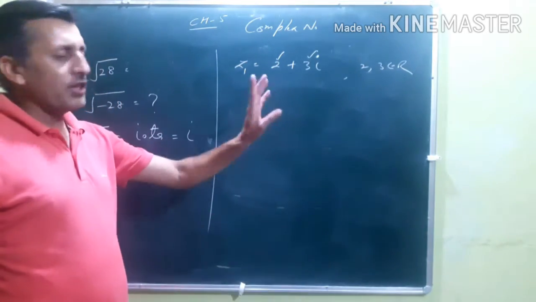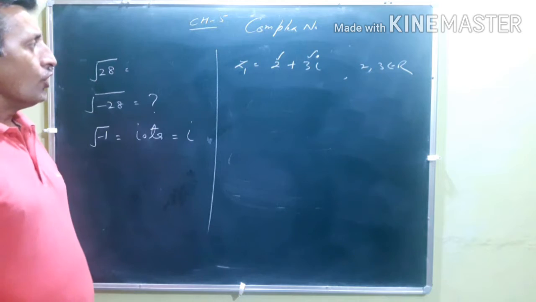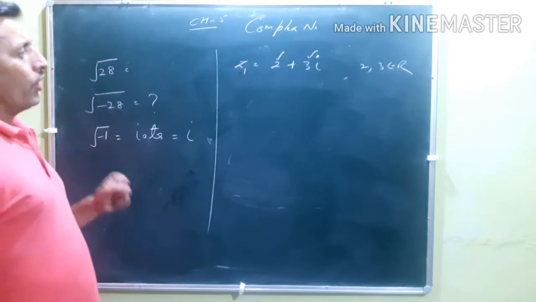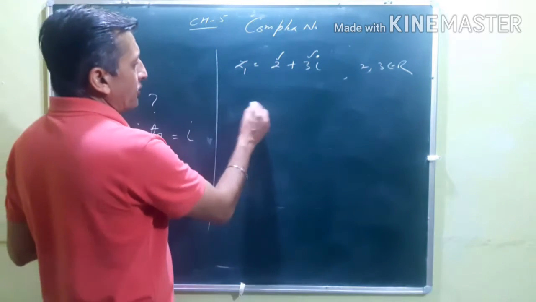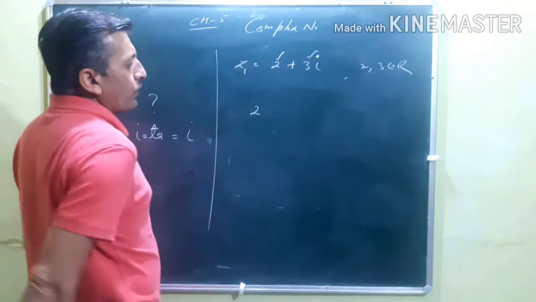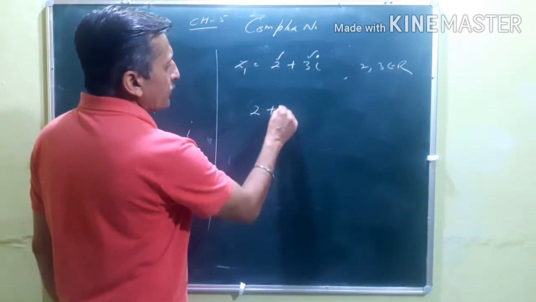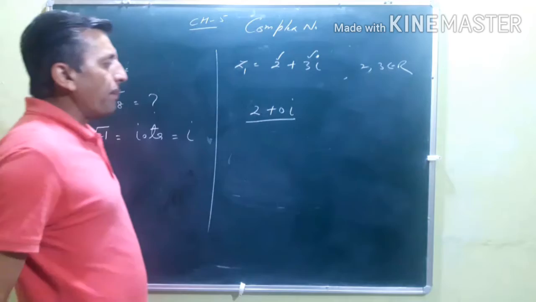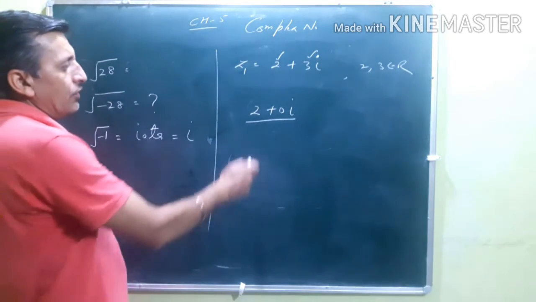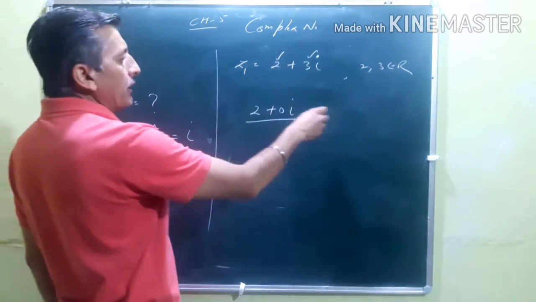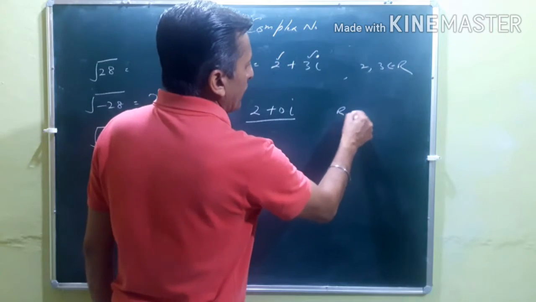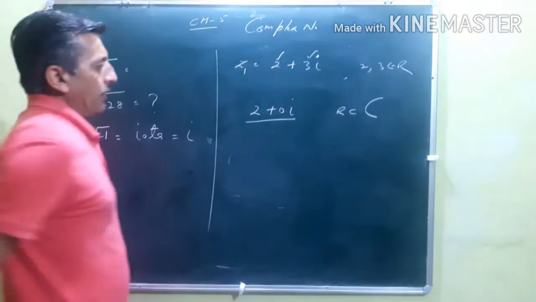R means real numbers, C means the set of complex numbers. The logic is that every real number is a complex number. Suppose you are given 2, you can write it as 2 plus 0 iota. That's why every real number is a complex number, so C contains R.